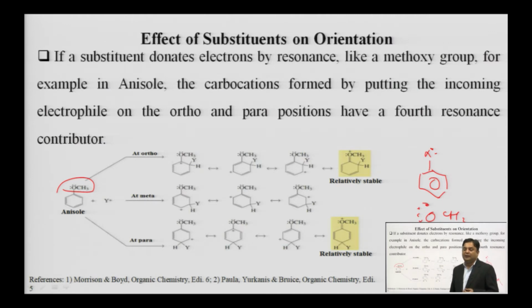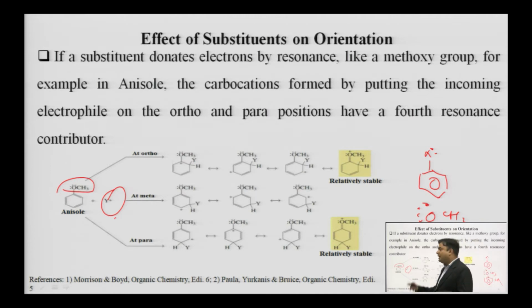So, again, at which position will the second electrophile go? How will we check? We again examine all three possibilities. First of all, we will see if this electrophile Y plus attacks on the ortho position, what will be the resulting carbocation and what its stability is. If Y plus attacks on the meta position, then what is the nature and stability of the resultant carbocation intermediate?